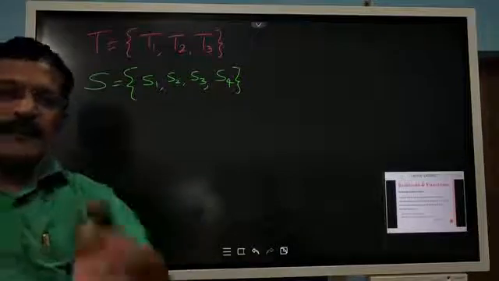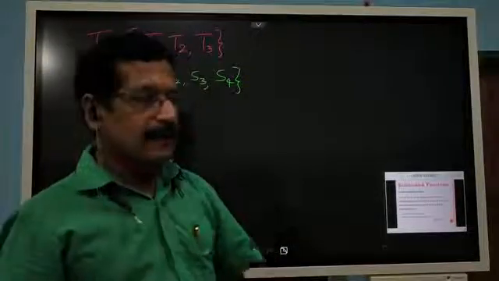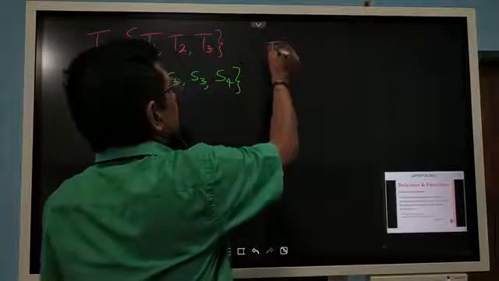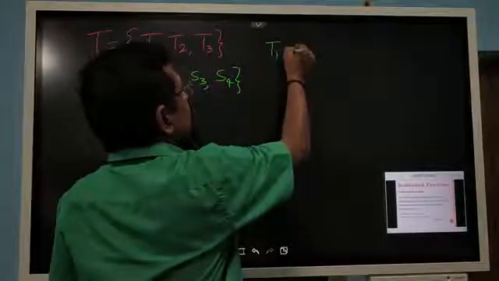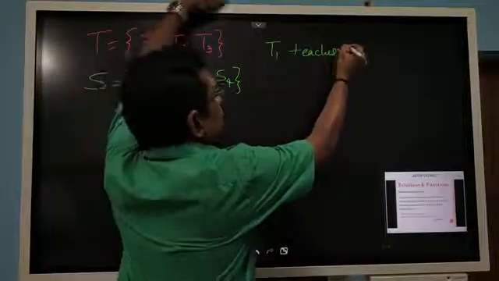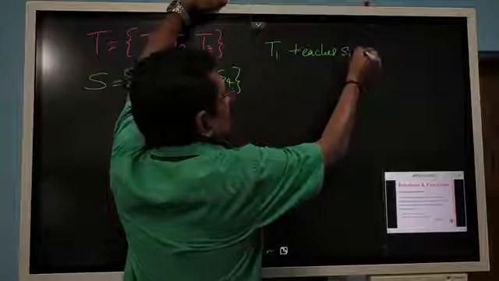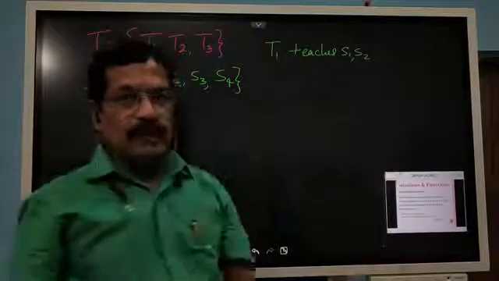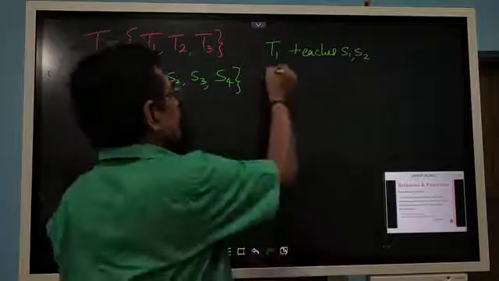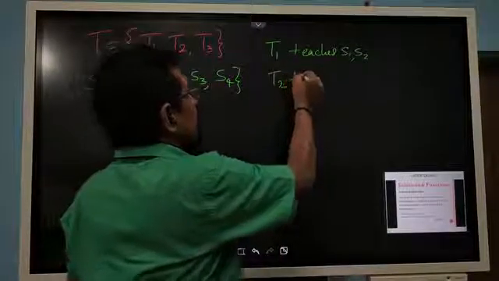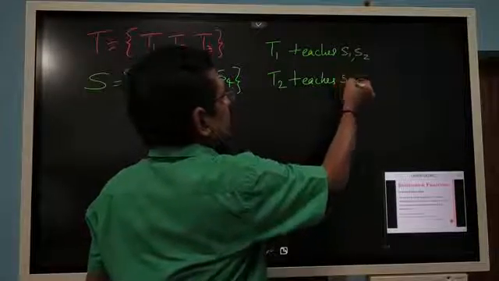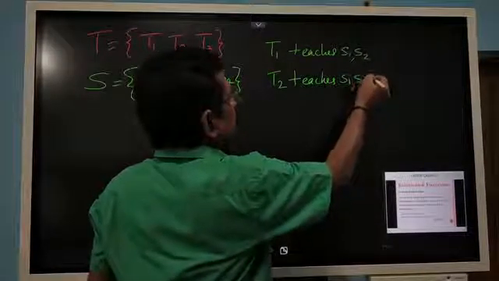And some other information is also available. The information is: teacher 1 teaches student 1 and student 2 only, because different subjects are there. Teacher 2 teaches student 1, student 3, student 4.